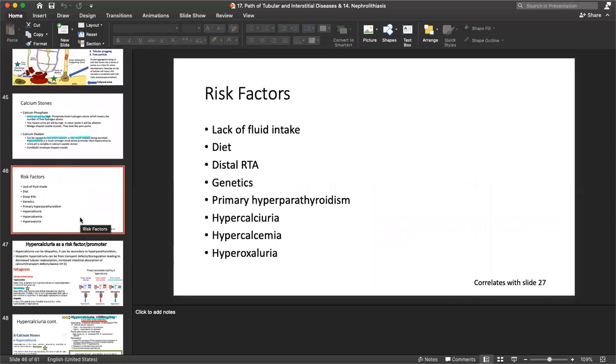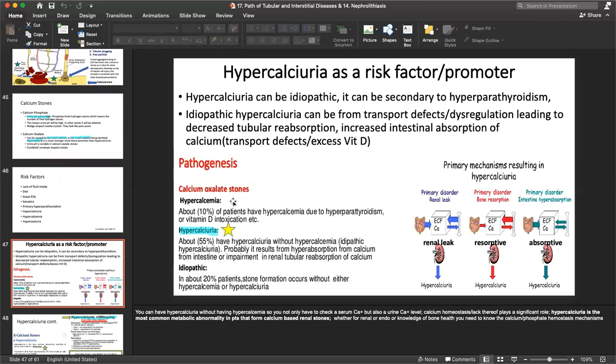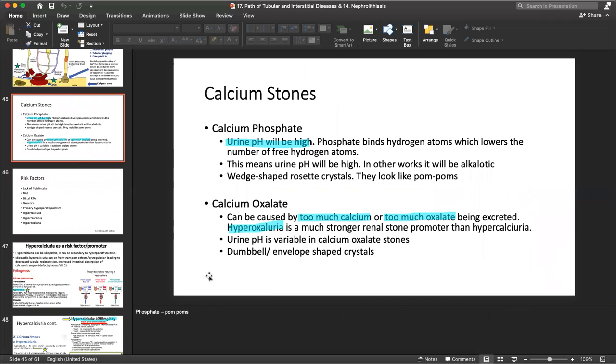So risk factors, we got a lot. Hypercalciuria is high calcium in our urine. We're getting rid of a lot of calcium. It is a risk factor or promoter. Remember, most common for oxalate is going to be high levels of oxalate going into our urine.